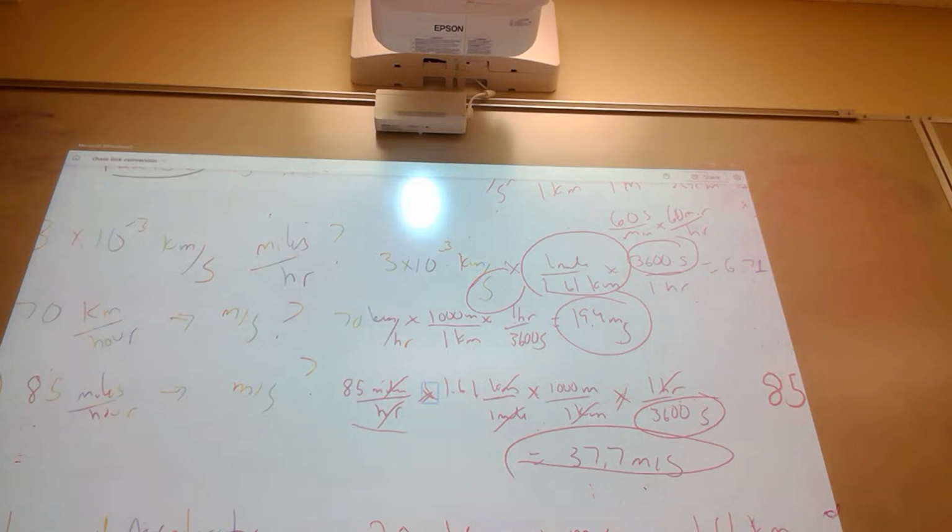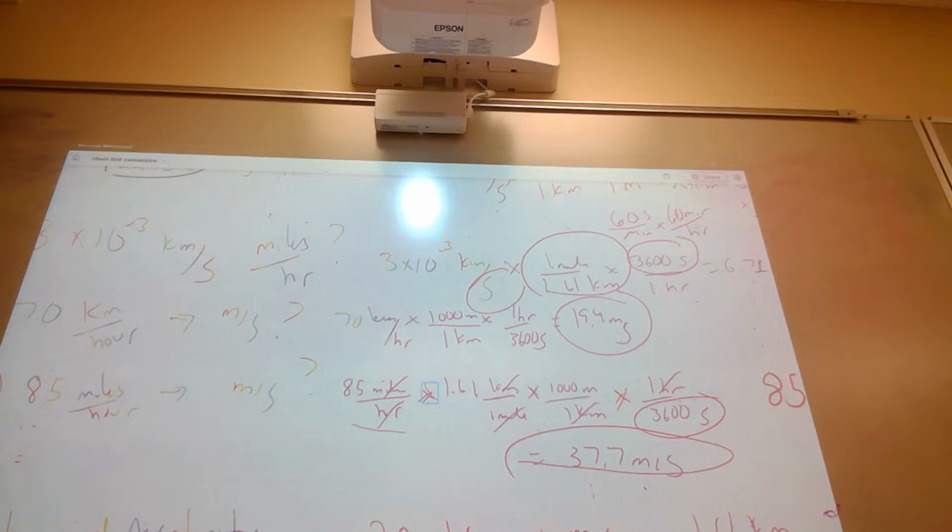Okay, so you got it into meters. You were supposed to put it in miles per hour, you put it in meters per second. Oh, I'm sorry. That's okay. Kilometers per hour, meters per second. Okay, so then we start with 70.